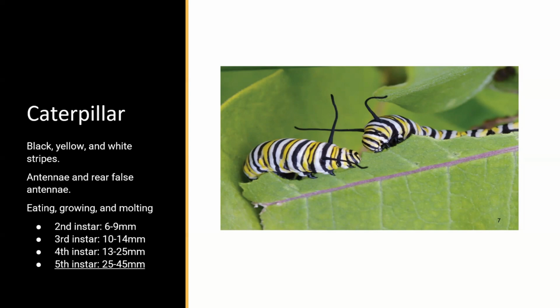These protect them. The caterpillars will pass through 4 instars and grow to almost 5 centimeters. In the second instar, they grow to 9 millimeters, then in the third to 14, in the fourth to 25, and finally, as they enter the 5th instar, some can grow over 45 millimeters.